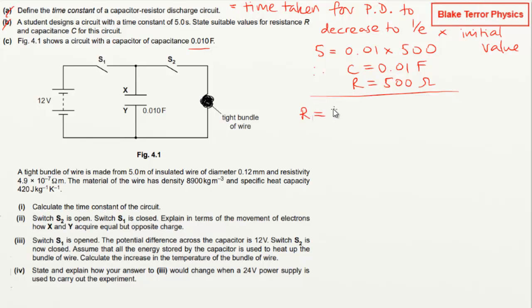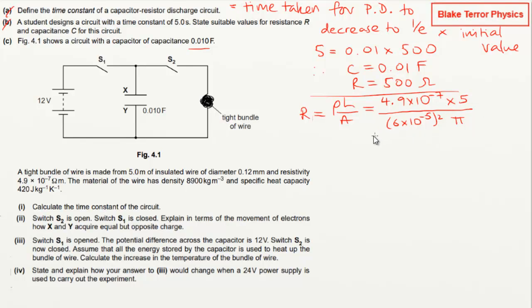So the resistance is the resistivity multiplied by the length divided by the cross-sectional area. So 4.9 times 10 to the minus 7 multiplied by 5 divided by the cross-sectional area, which is 6 times 10 to the minus, 5 squared, that's our r squared, multiplied by pi.